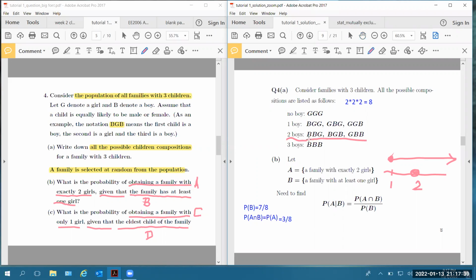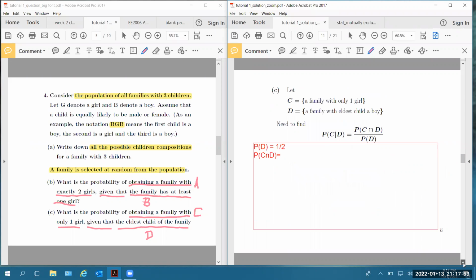So how many cases do we have? 1, 2. Right, only 2 cases here. So only one girl and eldest child is a boy. So only 2 cases. So therefore, this one is 2 out of 8.